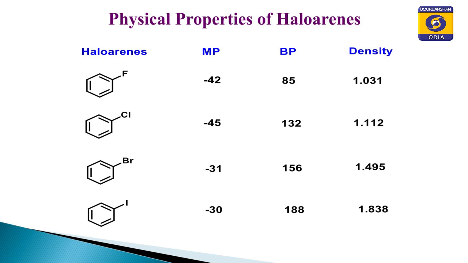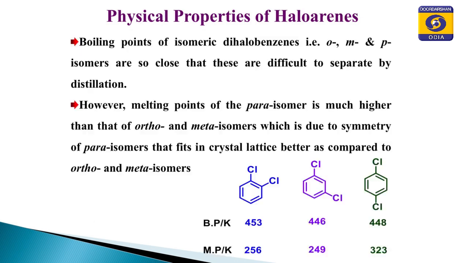So, next is the variation if we consider the dihaloarenes. What will happen to their physical properties? In the case of isomeric dihalides, that is ortho, meta and para dihalides, it is found that their boiling points are so close that we cannot separate these isomers by distillation.